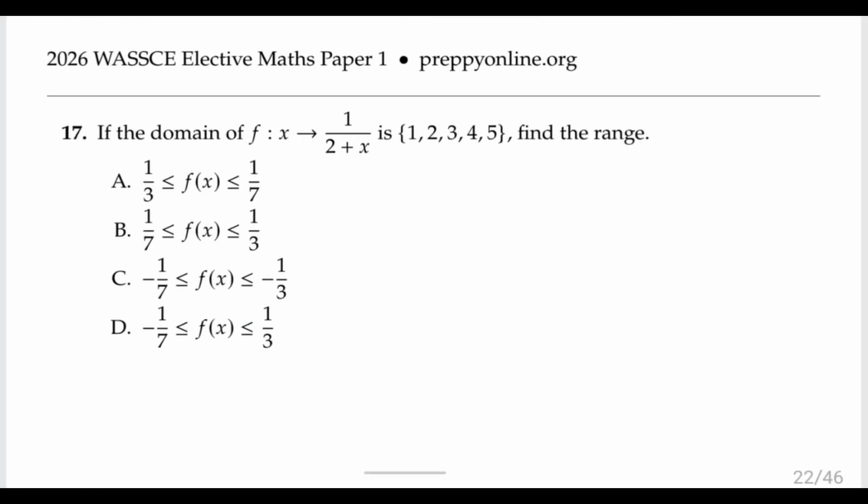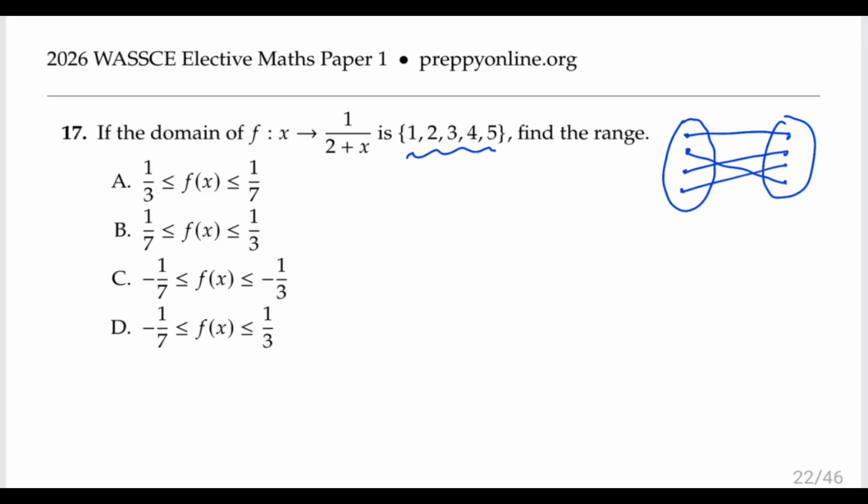Question 17. If the domain of f such that x goes to 1 over 2 plus x is that, find the range. So you have a function, you have its domain, the numbers we are given, and each number is going to be mapped to something.